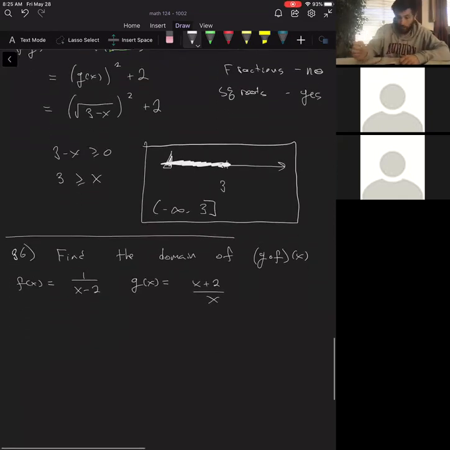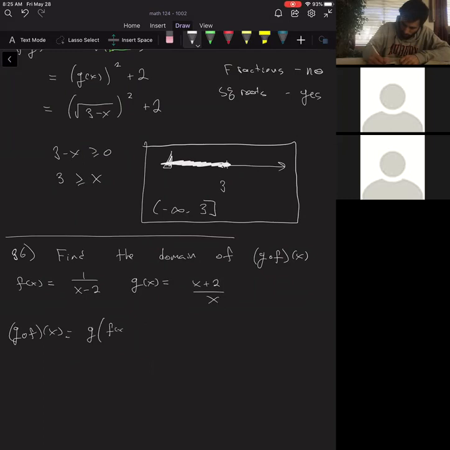First thing, let's figure out what g of f of x is equal to. Just like before, whenever we plug anything into g, it goes here and then here. So the thing we're plugging in is f of x. This is going to equal f of x plus 2 divided by f of x.